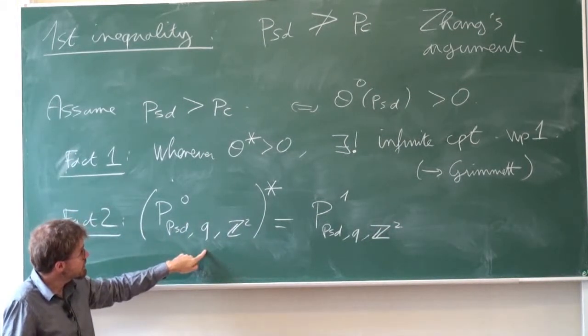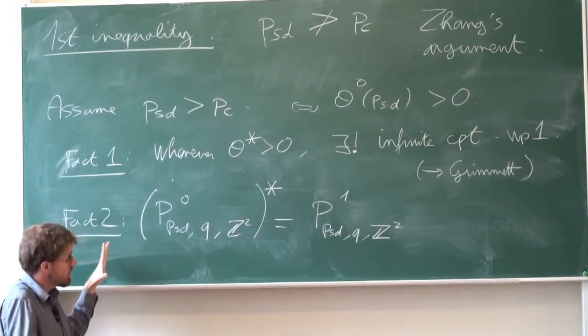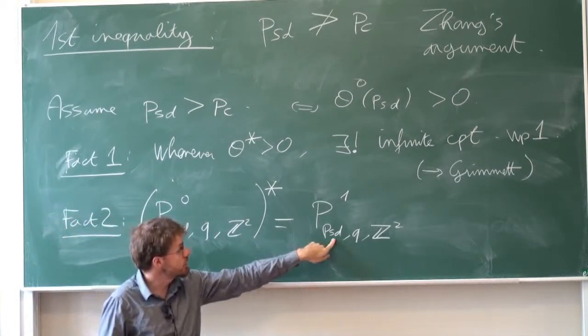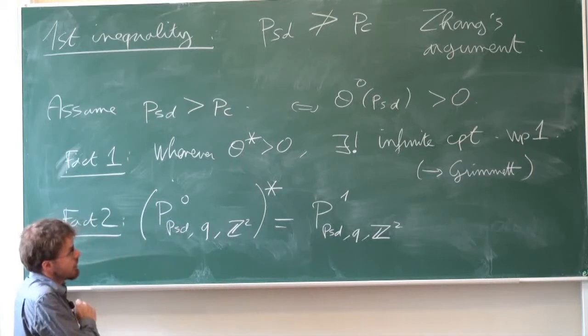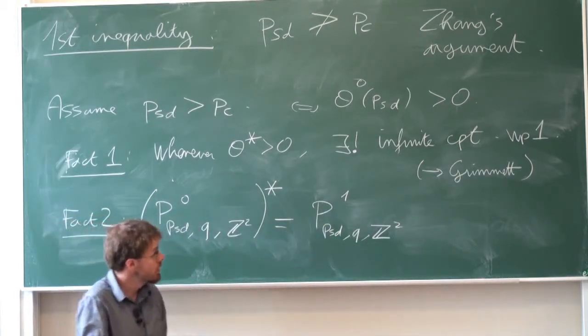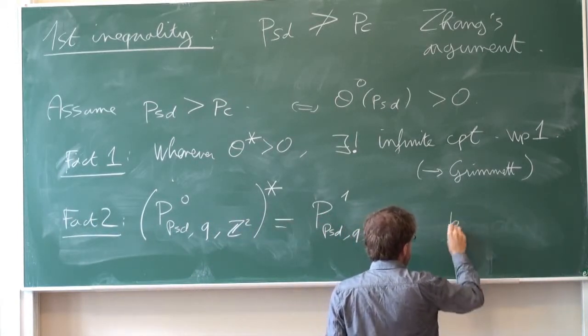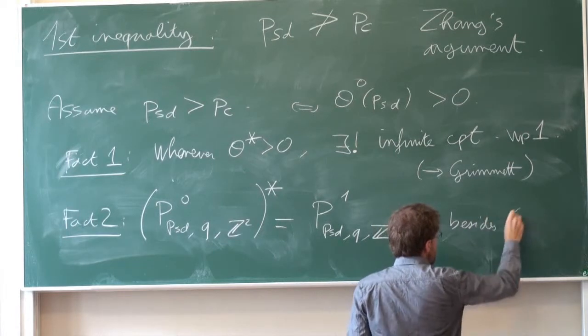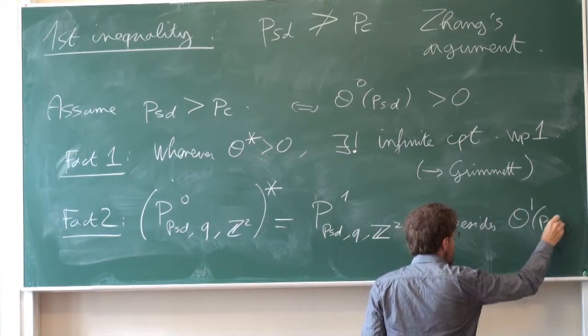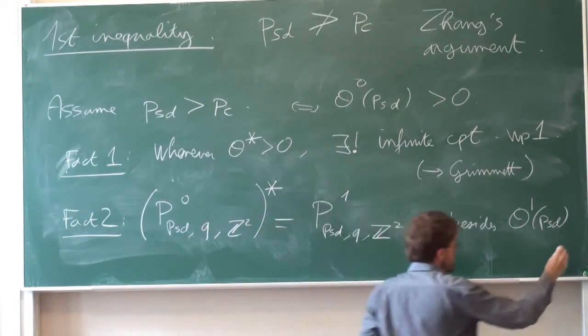And what it tells you is that the dual model will be at the self-dual point, but it has one boundary condition, which is bigger than 0. And besides, we know that theta 1 of P self-dual is at least equal to theta 0, so it's also positive.